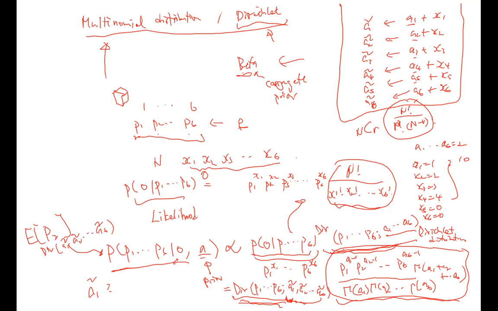And an expectation like that, as you may guess, if you recall how beta works, will be simply equal to A2 tutor over A1 tutor plus A2 tutor plus up to A6 tutor.